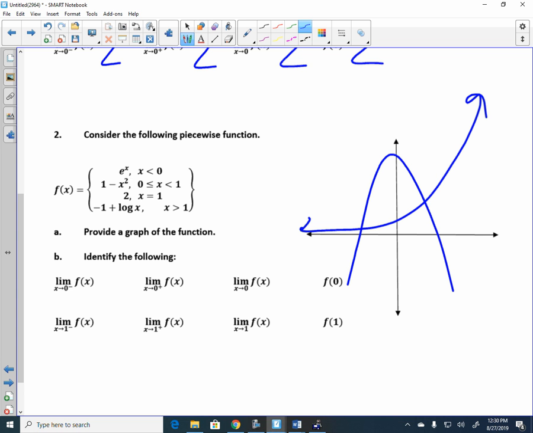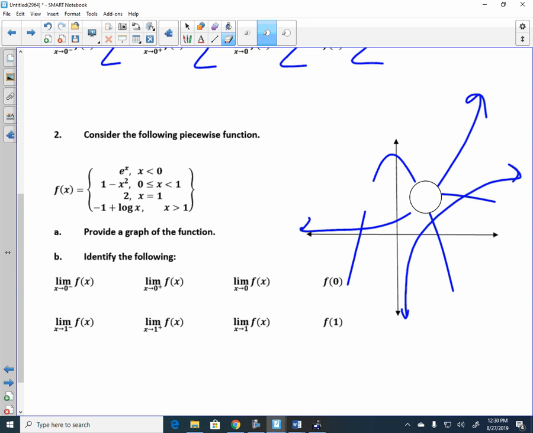Graph of 2? -1 plus logarithm of x. Yeah, so log of x looks like this, right? But then it's going to be -1, so that's going to be shifted down 1 unit. Okay. So those are all 4 graphs that we want to keep in mind.